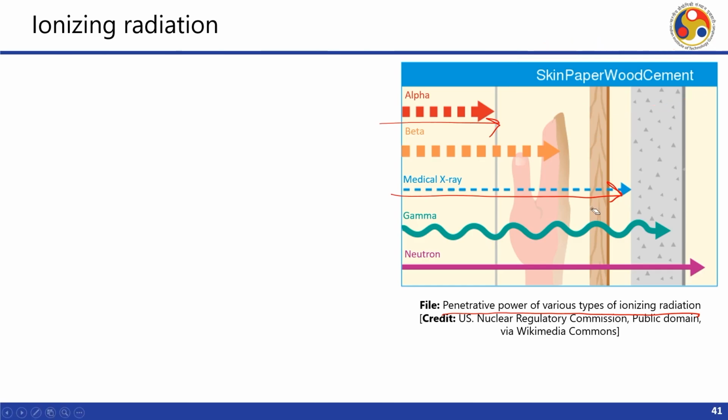Then the gamma rays actually can cross physical structures like the wood and cement over here, and neutrons can actually penetrate much deeper. The beta particles of course have better penetration than the alpha particles. So, this is very important. Alpha followed by beta, then X-ray, gamma and neutron is the sequence in which the penetration of this radiation can be understood.